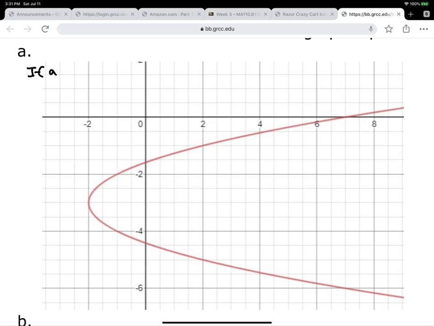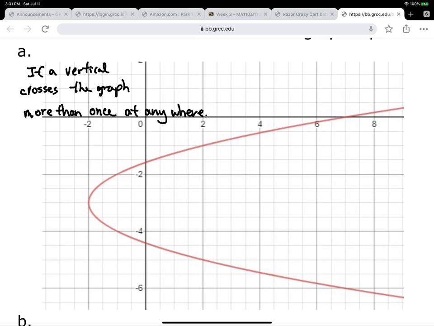If a vertical line crosses the graph more than once anywhere, the graph is not the graph of a function.